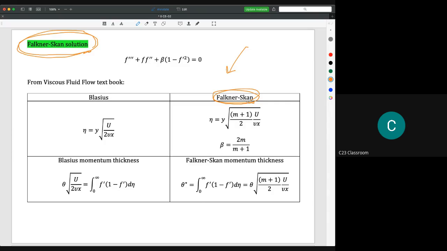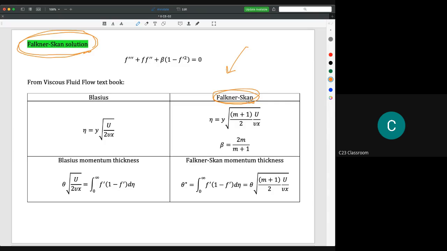As I said previously, the Falkner-Skan equation is actually derived from Blasius. Blasius is for the flat plate, but for Falkner-Skan, they use the same idea of Blasius, but they put in the parameters m and beta, and beta shows the angle of a slope.